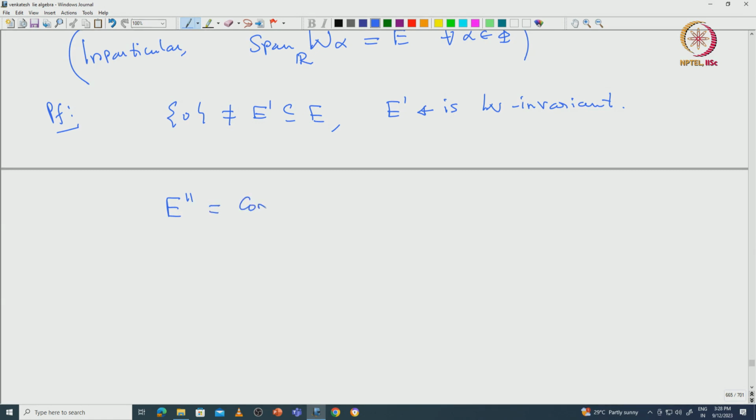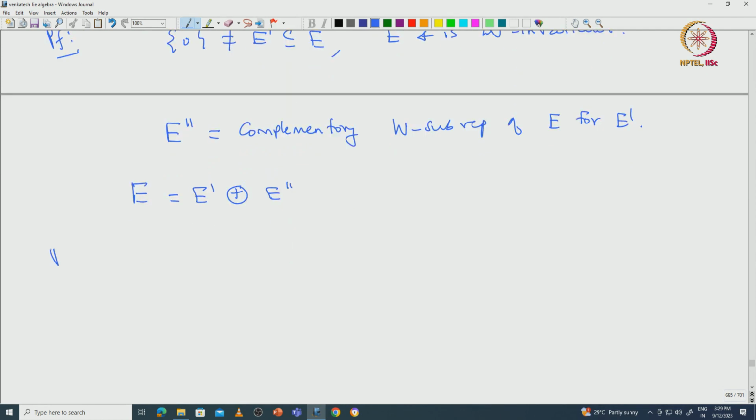This is a complementary W subrepresentation of E for the subrepresentation E dash. That means E can be written as E dash direct sum E double dash. Now note that for any given alpha inside phi, either alpha is inside E dash or else E dash is inside P alpha.